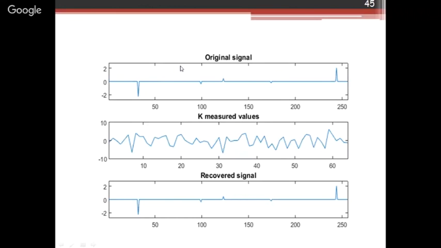Okay, I'm just taking the 5 peaks, it doesn't mean the entire data has been represented with 5 peaks. Rest of the data we are taking zeros, and then we are trying to represent with the k measured values. Okay, these are the fewer measurements corresponding to those 256 values, and we are representing it with how much, 64 values. And after applying the reconstruction algorithm, the signal has been regenerated. Okay, and that is the recovered signal. Obviously some error is there, but this is the recovered signal.